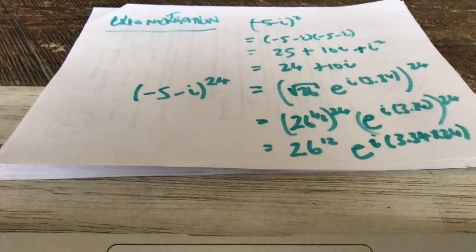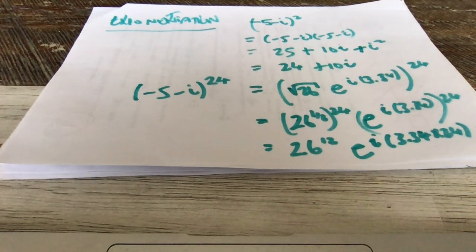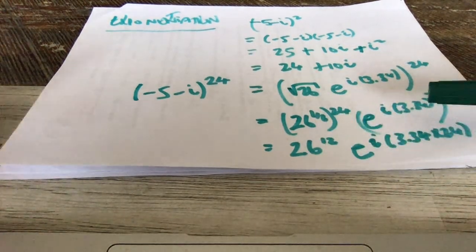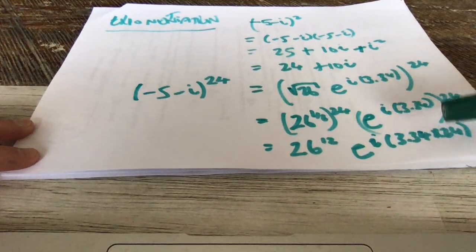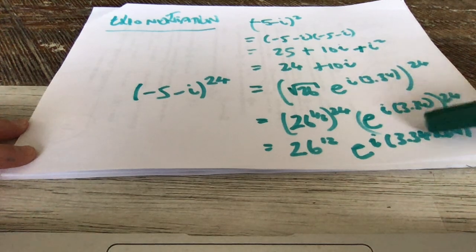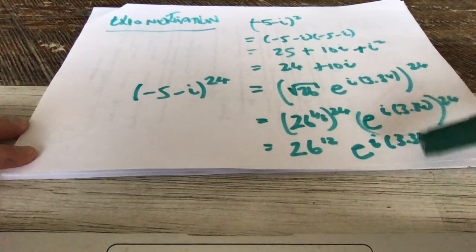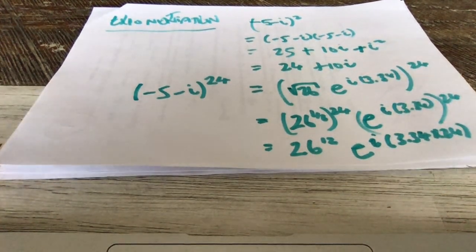Using the polar form, you can get an answer very efficiently and rapidly. So in this case, what you get is 26 to the power of 12, whatever that is, exponential i, and I don't have a calculator with me, but you multiply 3.34 by 24, and that's your argument inside there.